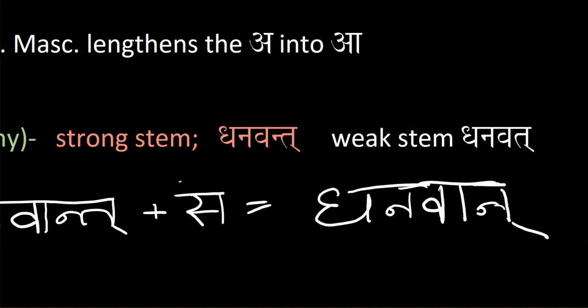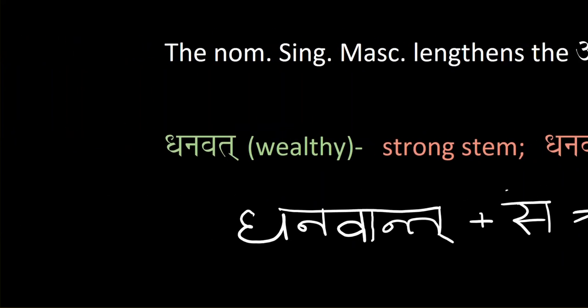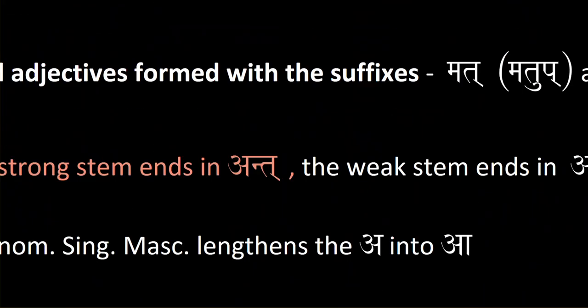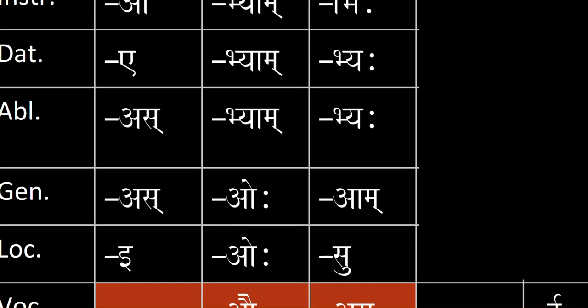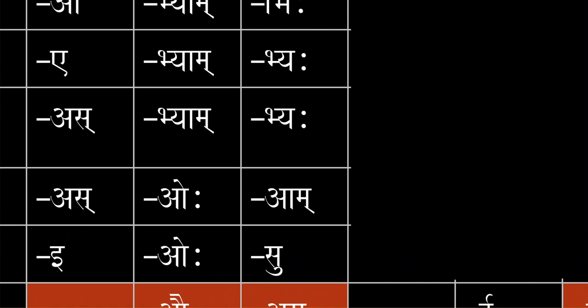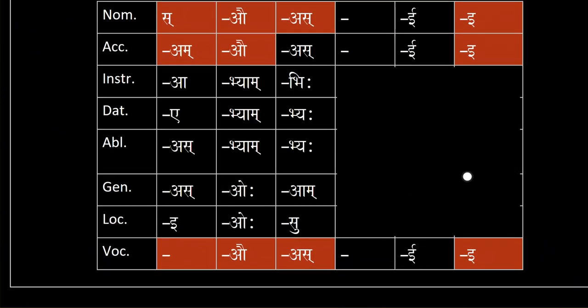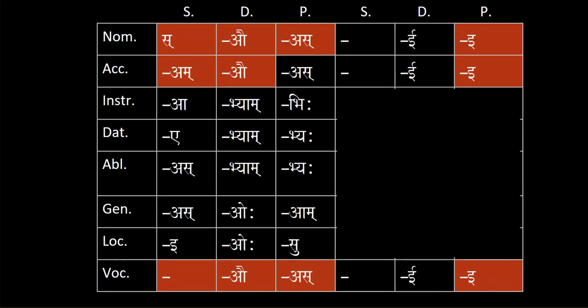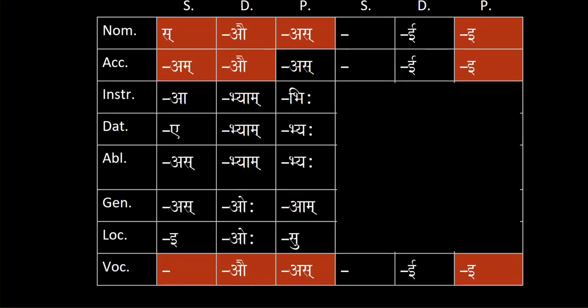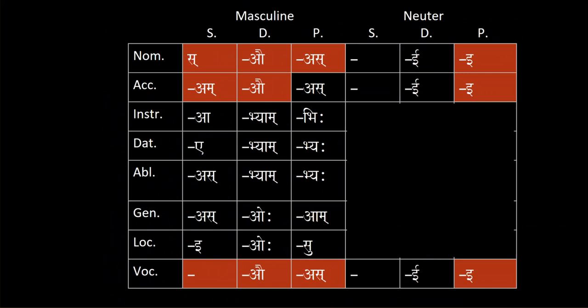Then you would add your case endings that we went over, that we have been familiar with, the same safe case endings that we worked with for the types of nouns that end with mat as a suffix.